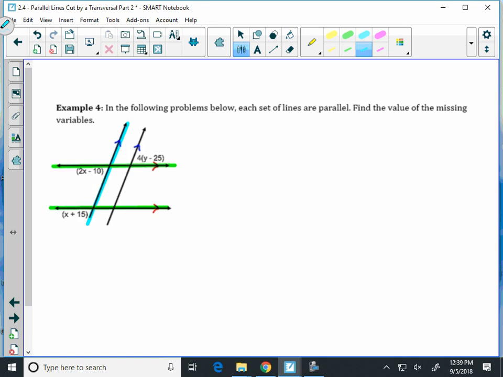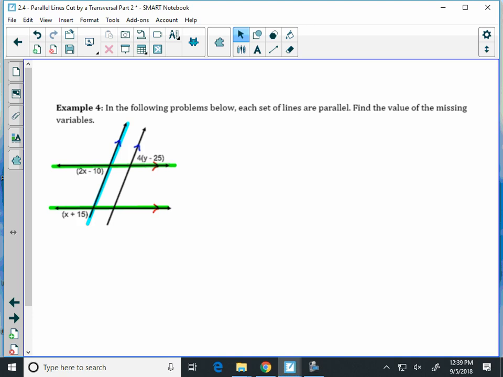So these green lines are acting as our parallel lines and this blue line's acting as our transversal. If it's helpful, take your hand or another piece of paper, cover it up, because we're only dealing with this left side and ignoring the other half. So just looking here, what kind of angles are 2x minus 10 and x plus 15? Very good. They're both sitting in this bottom left corner.